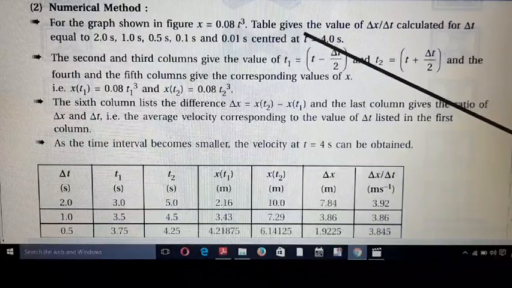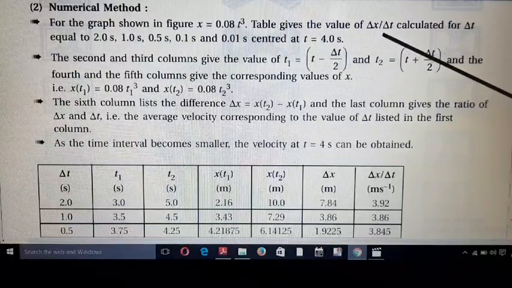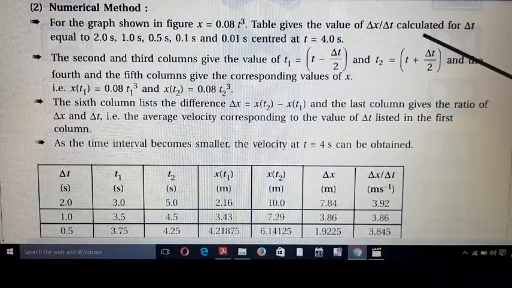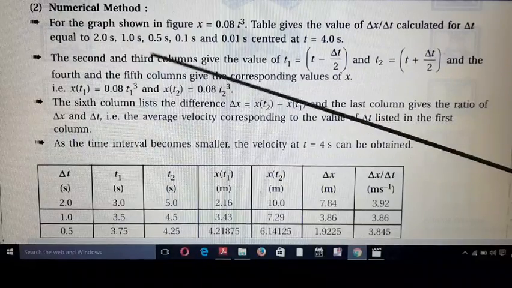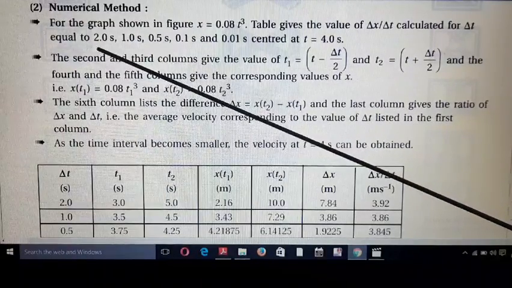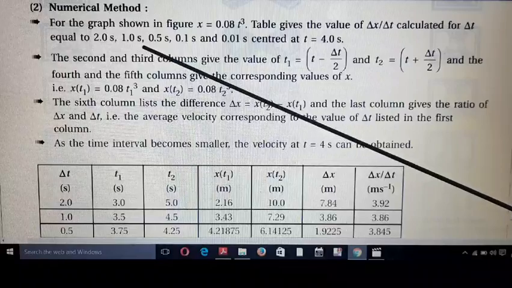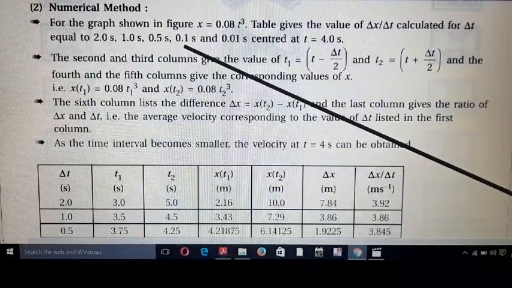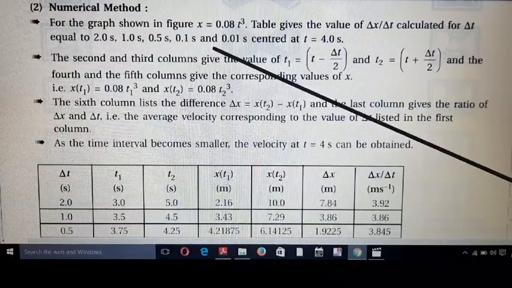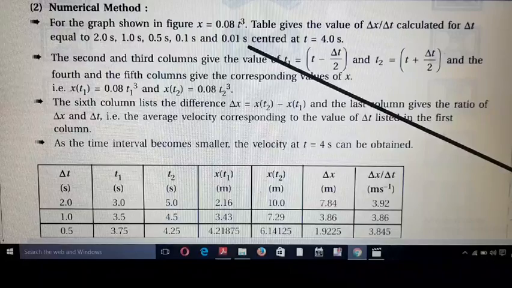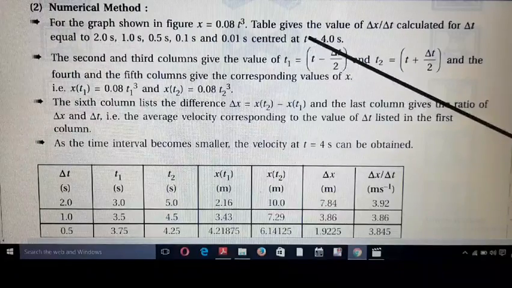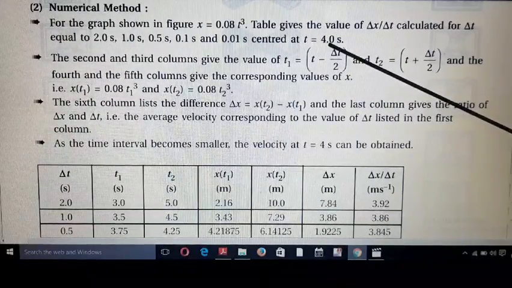This table gives the value of delta x upon delta t calculated for delta t equal to 2 second, 1 second, 0.5 second, 0.1 second and 0.01 second, centered at t equal to 4 seconds.